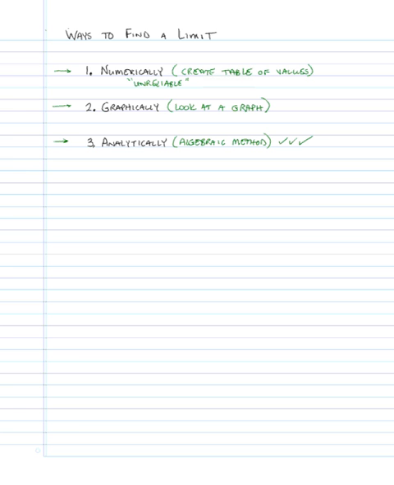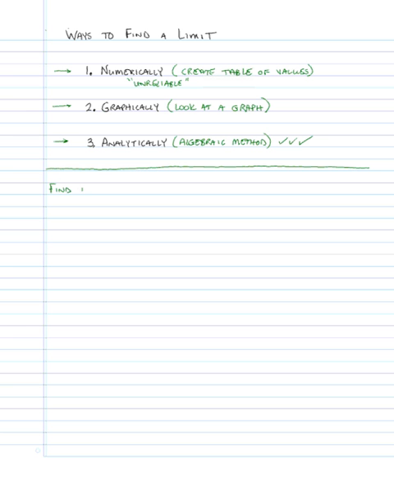Well, as I said, we're going to first investigate the numeric method or the table method. So we'll look at the very first problem that we saw a moment ago when we found out that the value of the limit was 7. So here's the question once again.